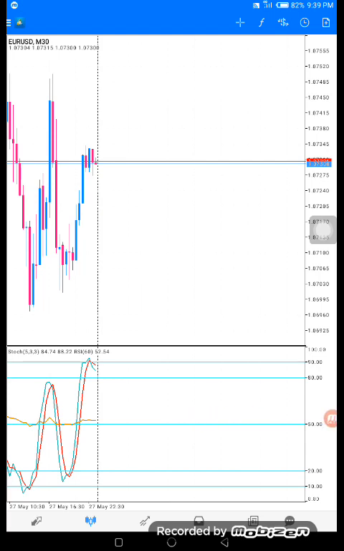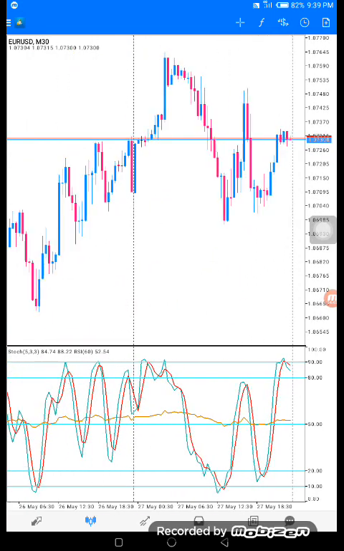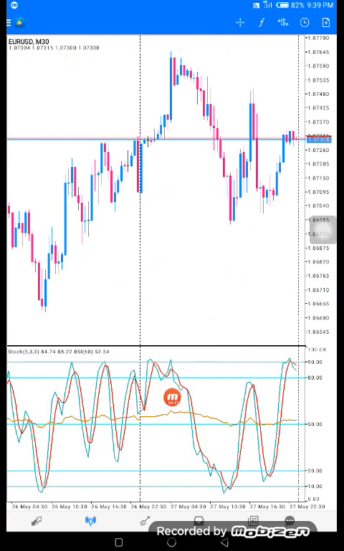Now how this strategy works is when your RSI is above the level 50, you only look out for a buy setup.